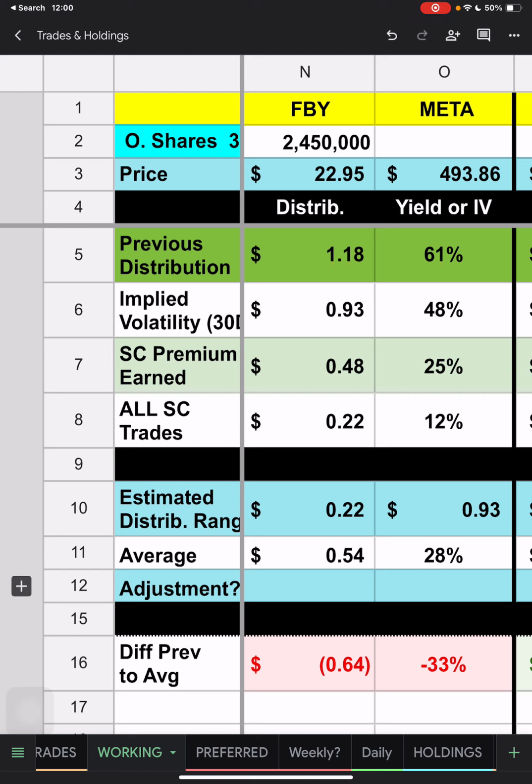But the point is that I don't know what the previous distributions were with Phoebe, FBY. I don't know if they were up in the dollar range or not off the top of my head, and I do not have my other spreadsheet here.